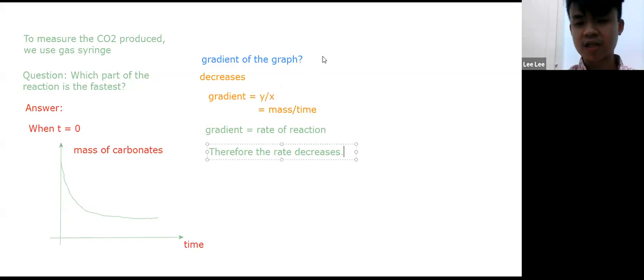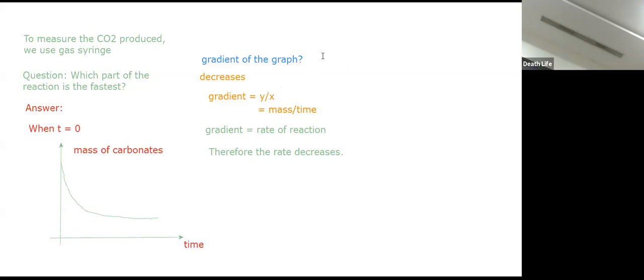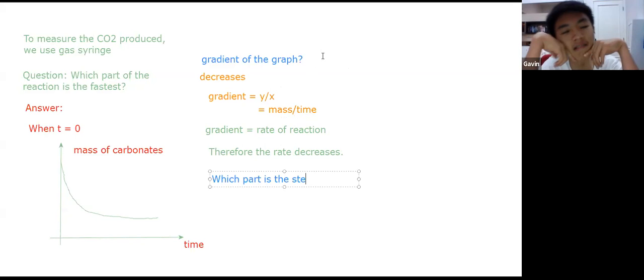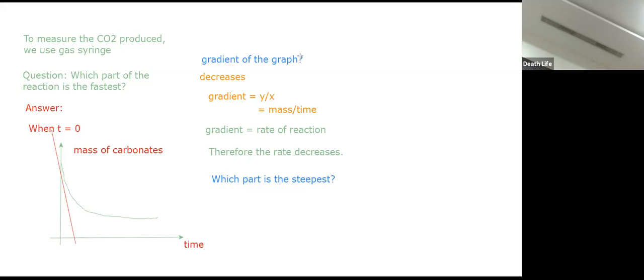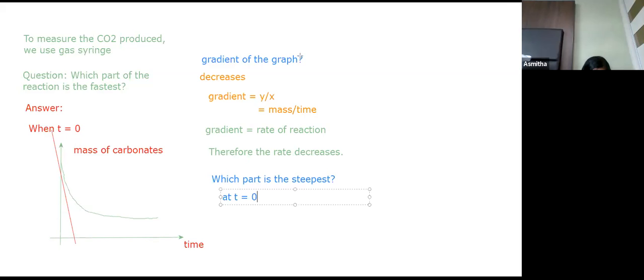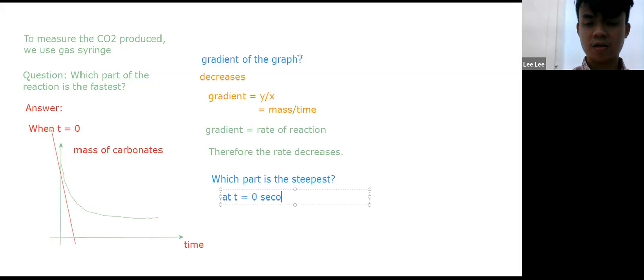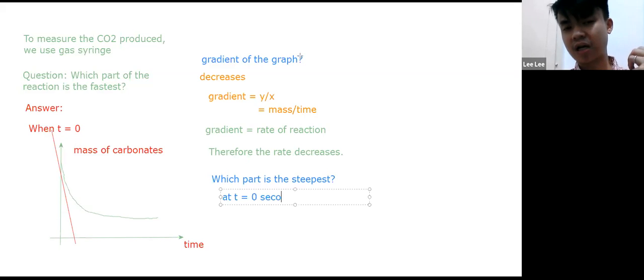So which one is the steepest part? The beginning, when time equals 0. If you draw a tangent, the steepest tangent will be at the start of the experiment. Will there be any tangent steeper than this? Nope. So the answer is at t equals 0 seconds. That's the fastest one, that's the greatest rate.